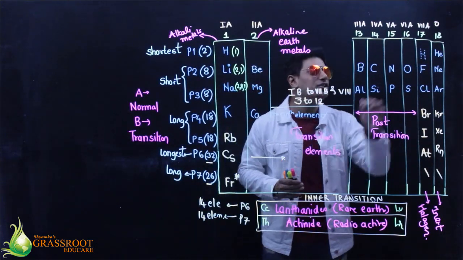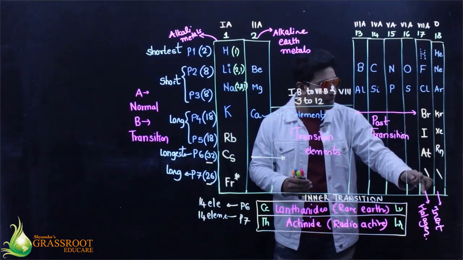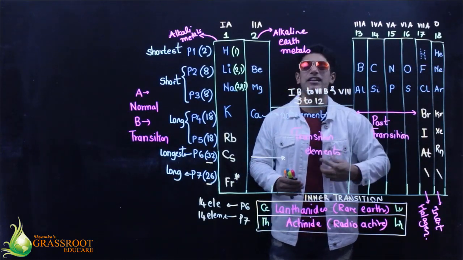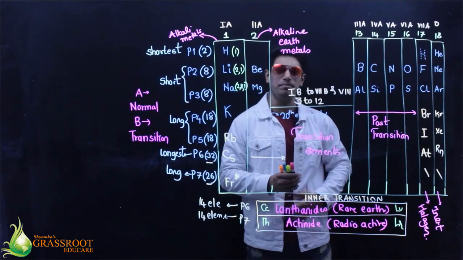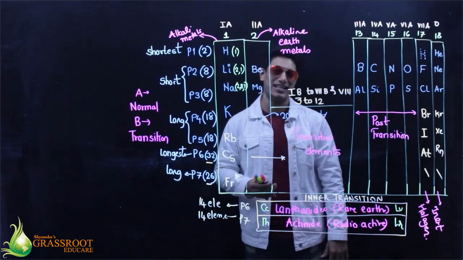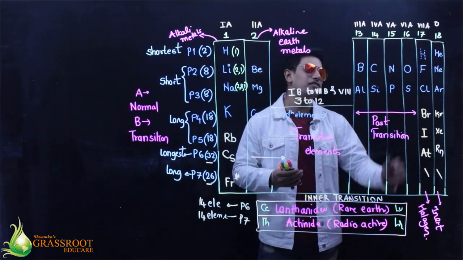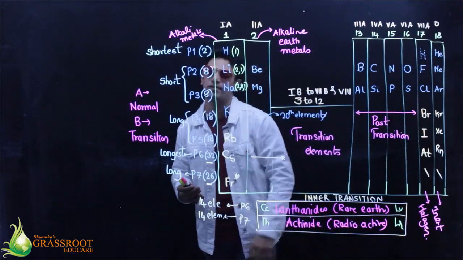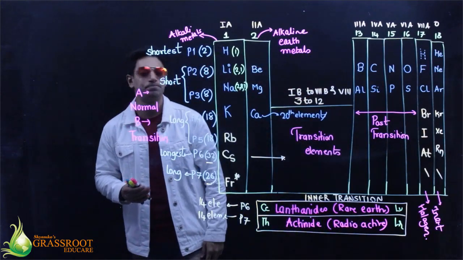If I talk about halogens, the 17th group, they are electronegative because they take away an electron and they become negative. They get reduced. They are oxidizing agents. And the valency is 1 minus. You can say that is the oxidation number, 1 minus for the halogens.